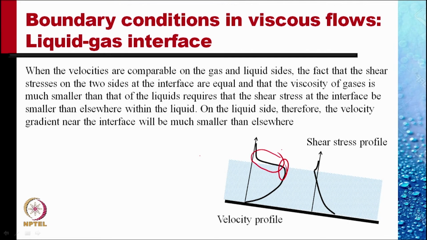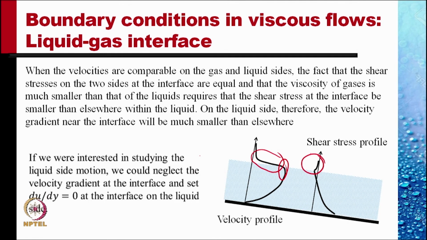In fact, as one approximation, we can neglect this velocity gradient and assume that it is zero. If we were interested in studying the liquid side motion, we could neglect the velocity gradient on the interface and set del u by del y equal to 0 at the interface on the liquid side, as stated earlier.